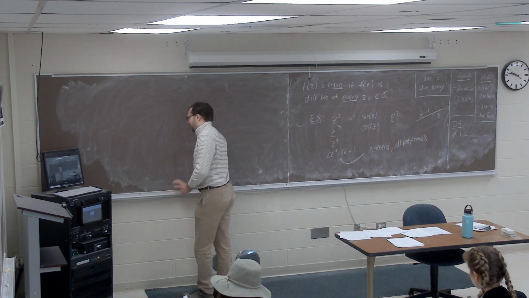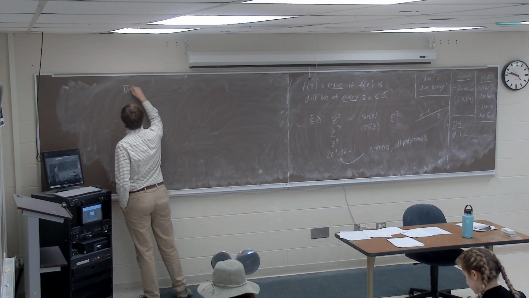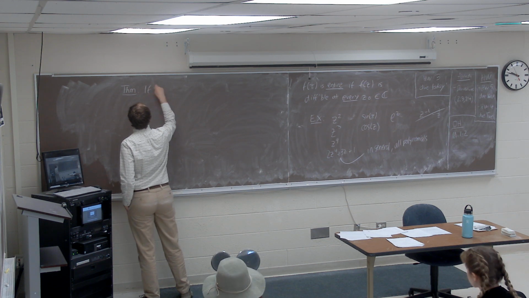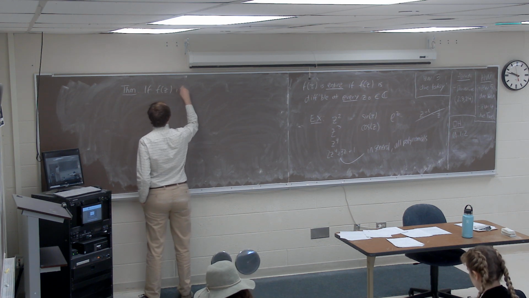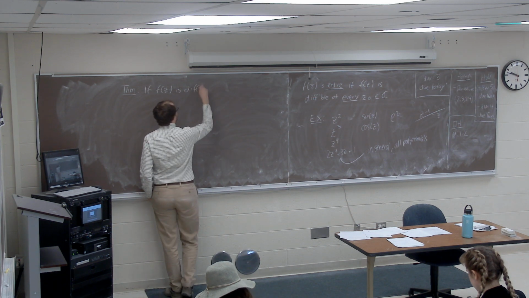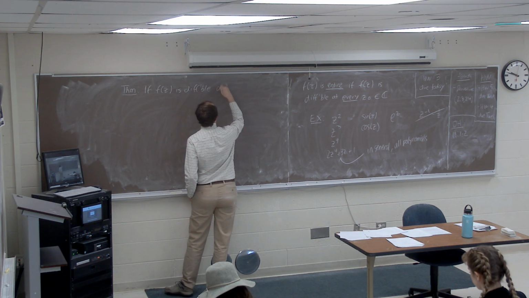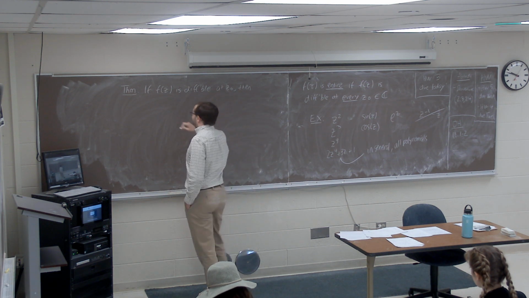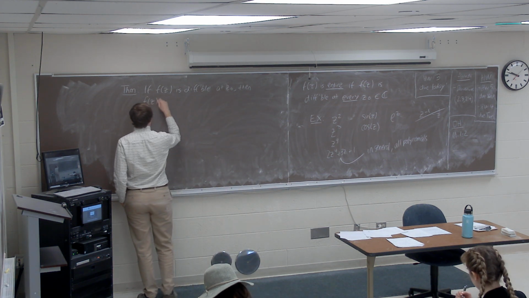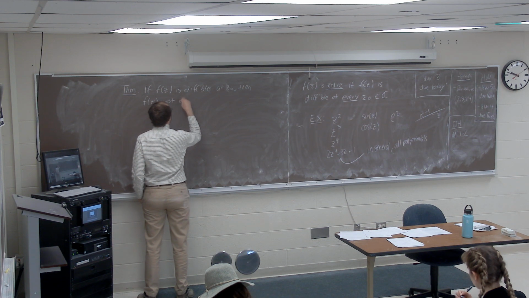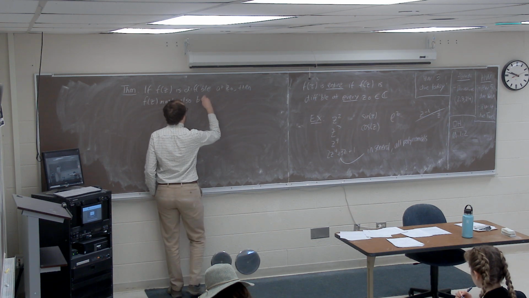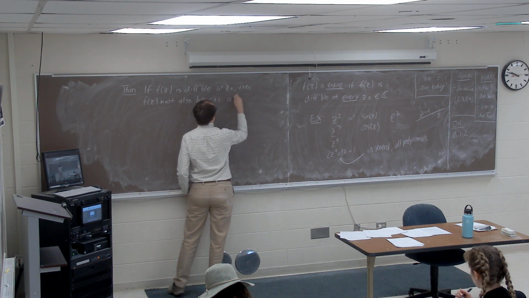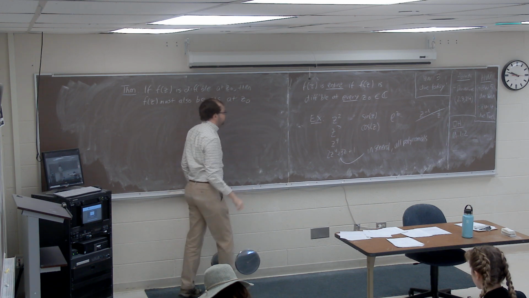So let's see if we can prove that. If f of z is differentiable at a point z naught, then f of z must also be continuous at the point z naught.